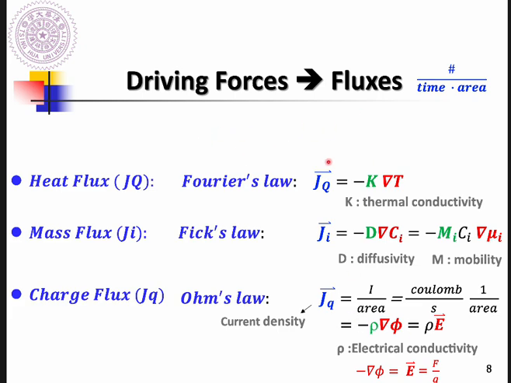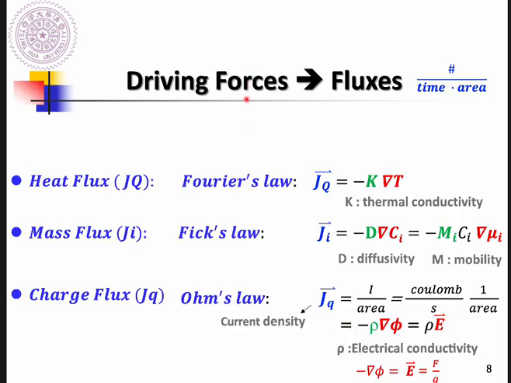So here you can have some idea. If we have a temperature gradient, that will probably lead to heat flux. If you have a chemical potential gradient, which means atoms have different chemical potential, that will lead to atomic flux. If you have an electrical potential gradient, which means a voltage drop or an electrical field, that will lead to current passing through your materials.